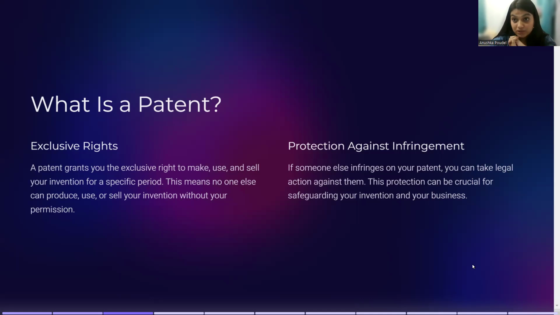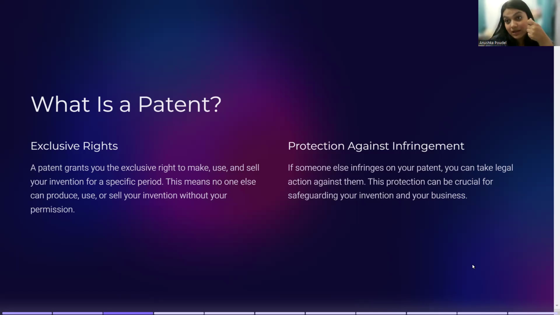Protection against infringement. What is infringement? In simple words, it basically means violation or limiting something. So if someone else infringes on your patent, that means limits your patent by making it seen as their own, you can take legal action against them.